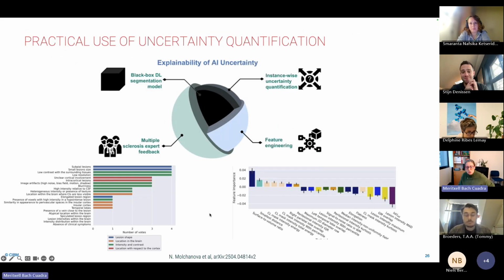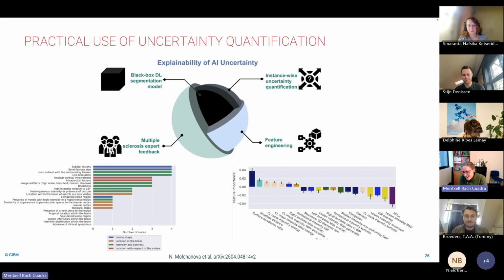And just to conclude, we are making a lot of effort to link the uncertainty values, on one side, to the reasons that make the expert certain or uncertain in the annotations.